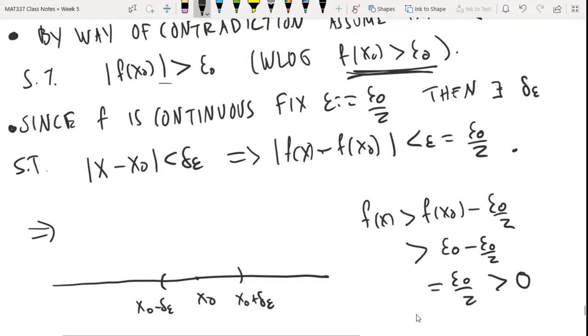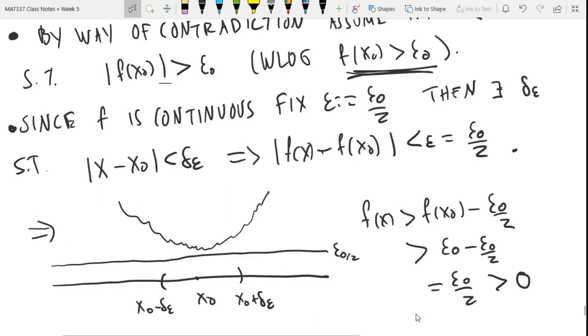So this is also positive. So it says that I can draw a line of epsilon over 2, and the graph of f will be above it, at least in this ball.